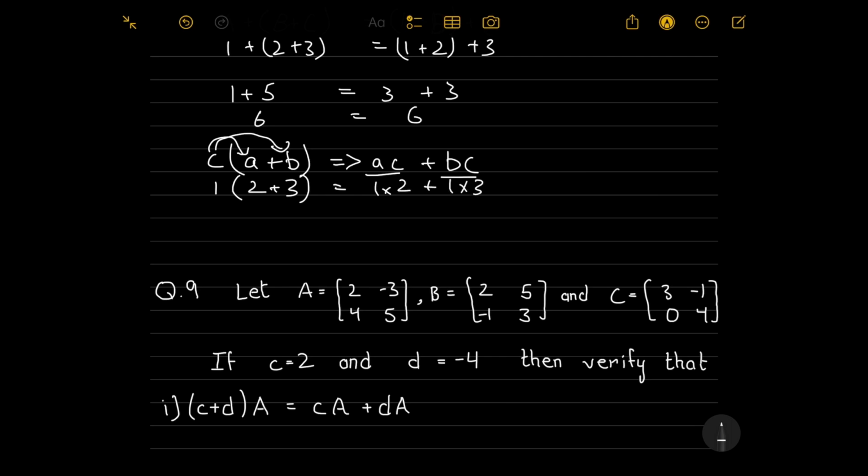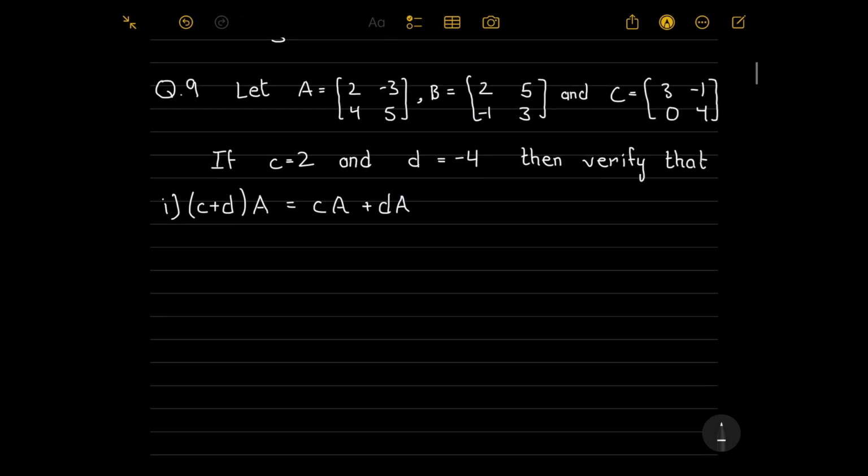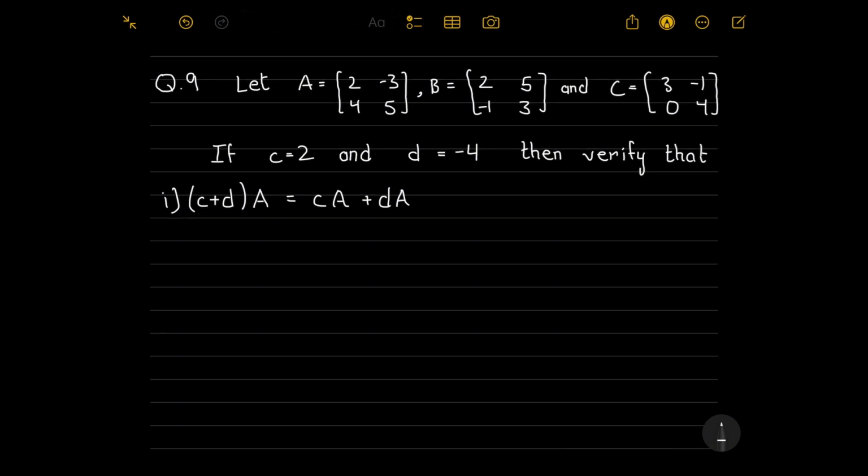So 1 into 2 is 2, plus 3 equals 2 plus 3, and 5 equals 5. This is the distributive property, which is also applicable on matrices. So question number 9 is all about the distributive property. Let's start the solution.